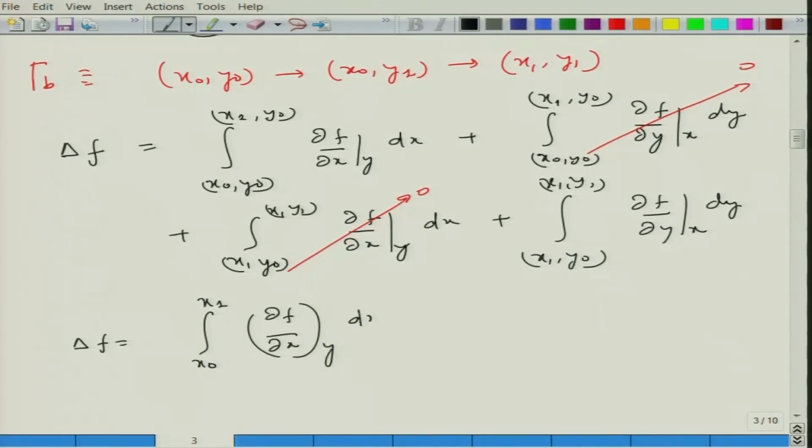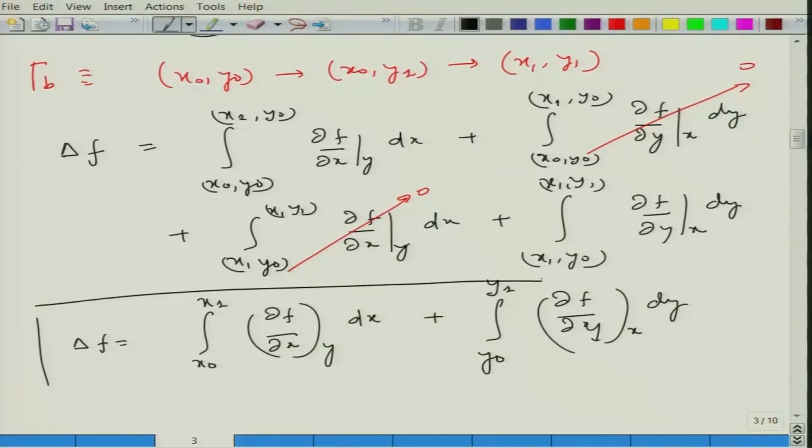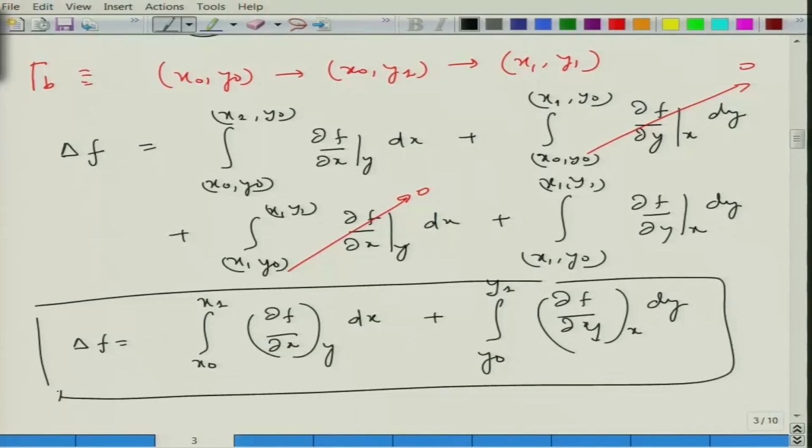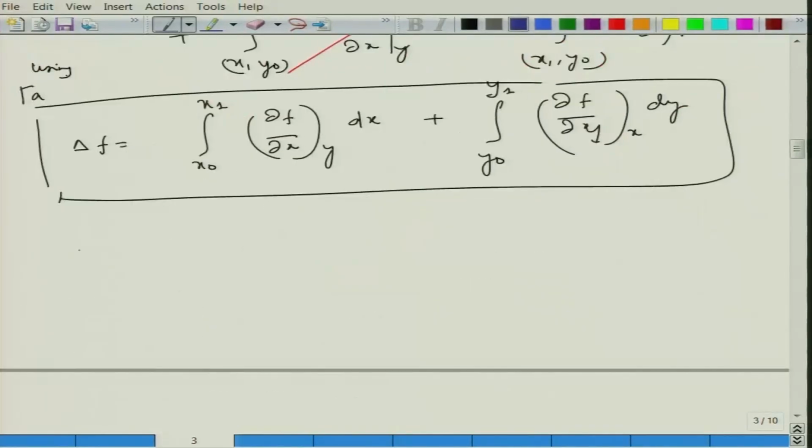This is for the sake of simplicity, and the other one is going to be this, which is the integral from y0 to y1 of del f by del y at constant x dy. This is based on using path gamma A. Similarly, I can use gamma B. If I use gamma B, I am going to get a different expression.